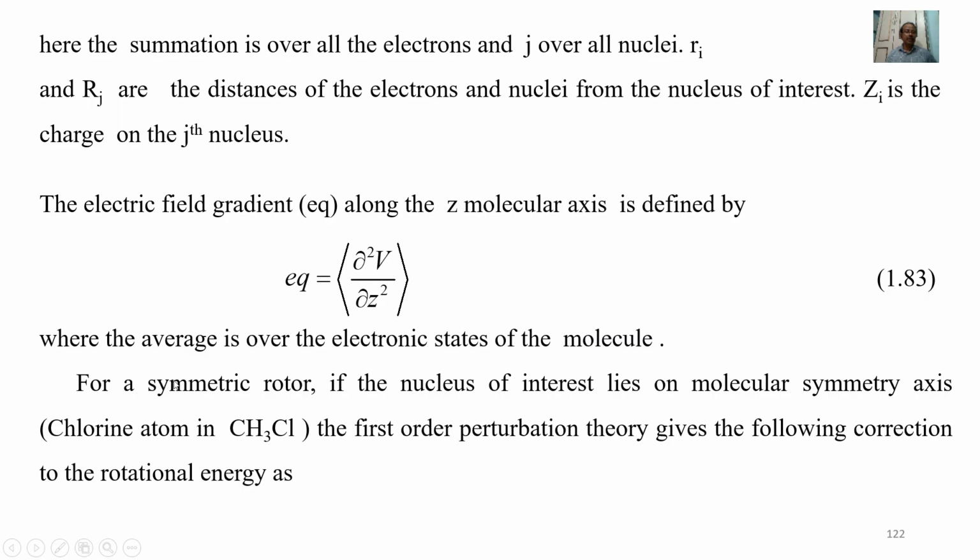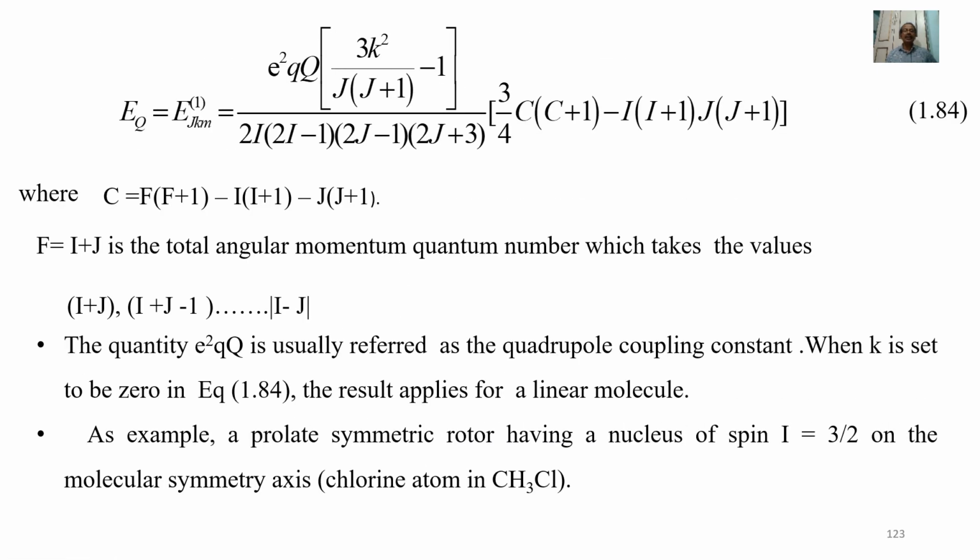For a symmetric rotor, if the nucleus of interest lies on the molecular symmetry axis, for example the chlorine atom in CH3Cl, first order perturbation theory gives the following correction to the rotational energy: E_Q equals the first order correction E1 JKM, which is equal to this expression as given in equation 1.84.